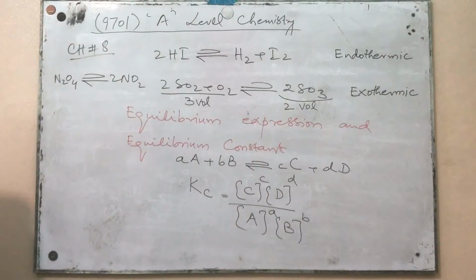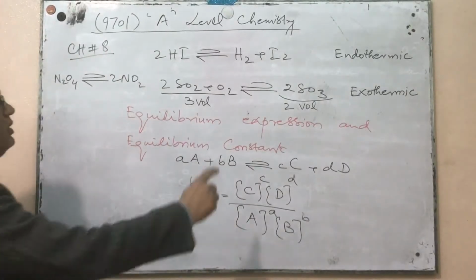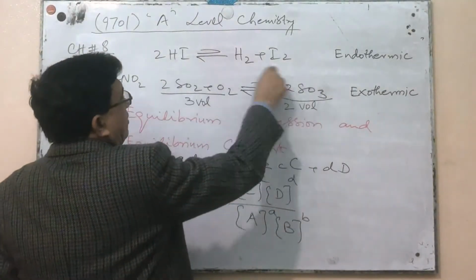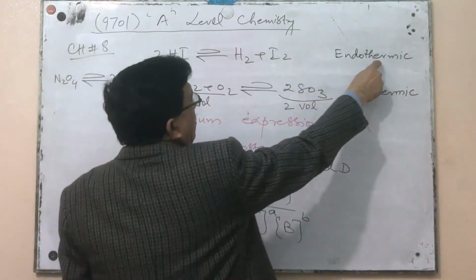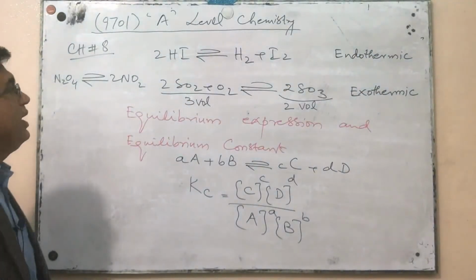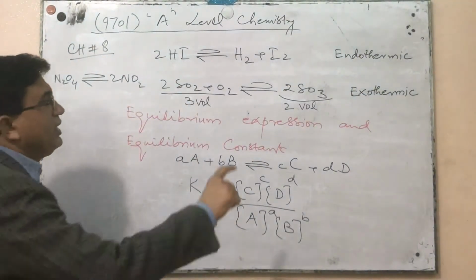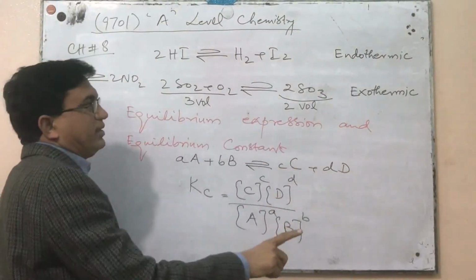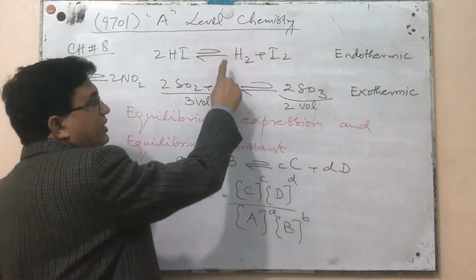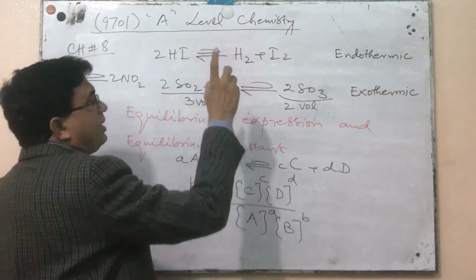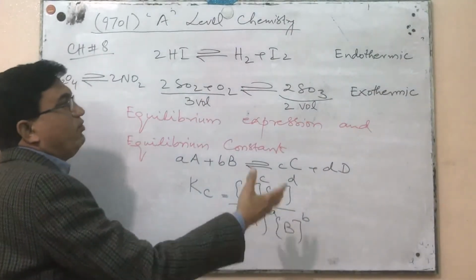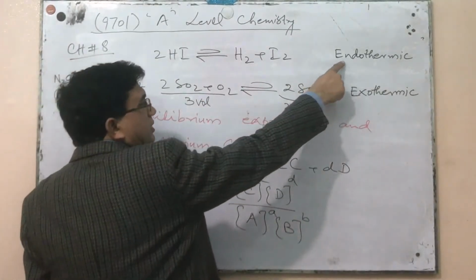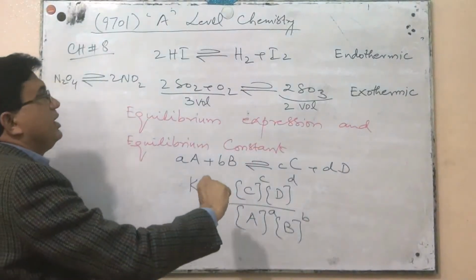Now, the effect of temperature. If we look at the first equation, it is indicating an endothermic process. If we increase the temperature of the surroundings for this reaction, heat energy will automatically be absorbed because the process is endothermic.